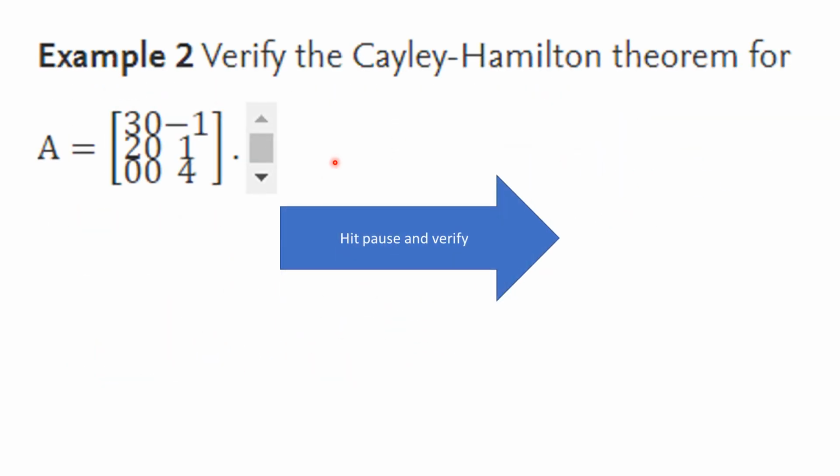Let's try a bigger problem with the Cayley Hamilton theorem. So this time let's look at a 3 by 3 matrix: 3, 0, minus 1, 2, 0, 1, and 0, 0, 4. Again, I suggest that you pause and verify this for practice. Let's see how you did.